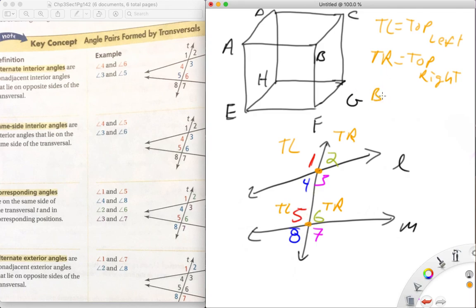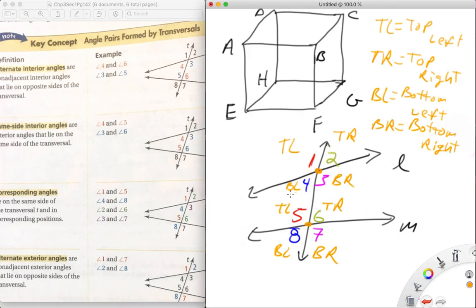Then bottom left, bottom right. So if I look at these guys, we see that angle 4 and 8 both occupy the same region of their intersection point.